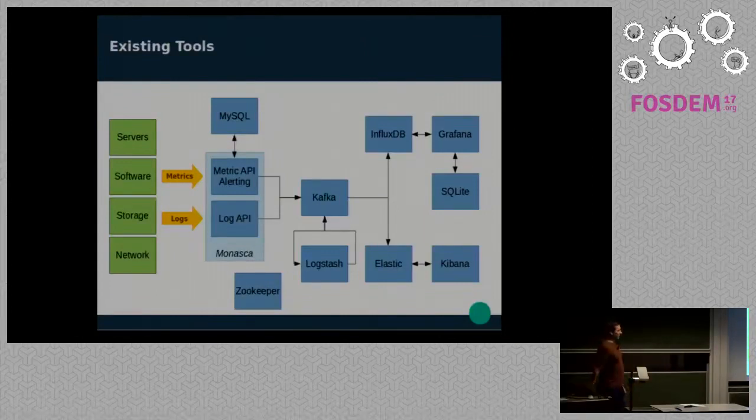So you can kind of see where I'm going with this. That's 6 persistent data stores to monitor your infrastructure. And this is quite a common system. A lot of people are doing this outside of OpenStack. The Monasca project really encompasses what people want to use at the moment.